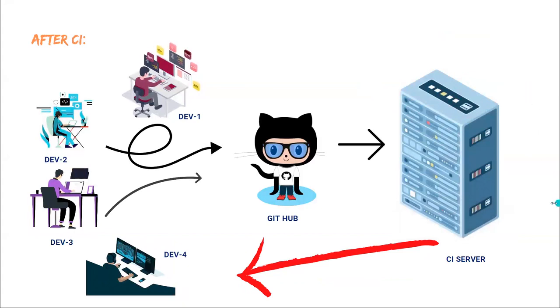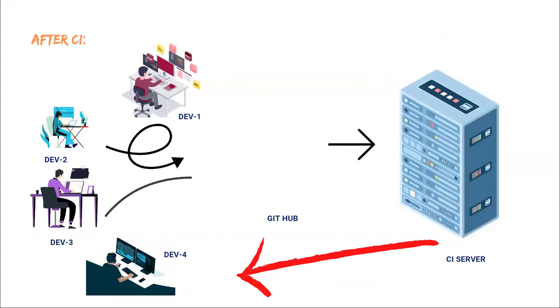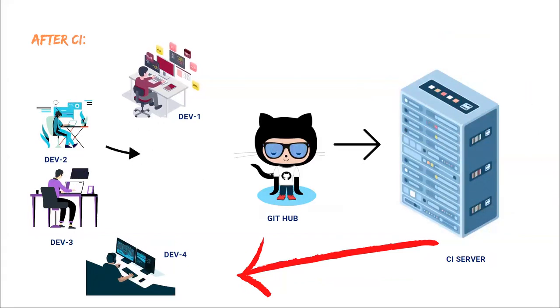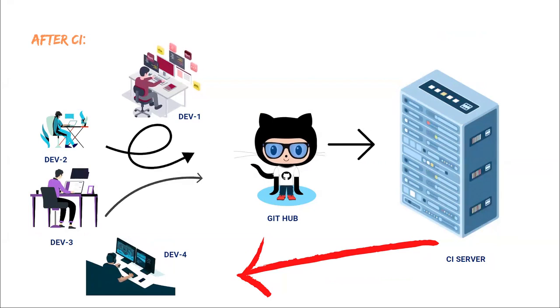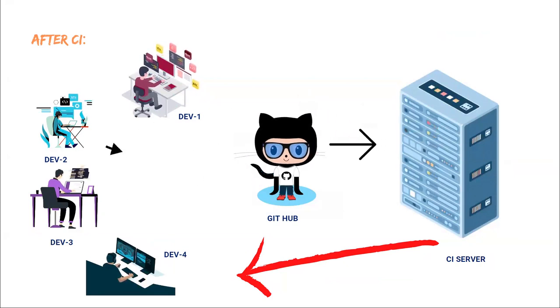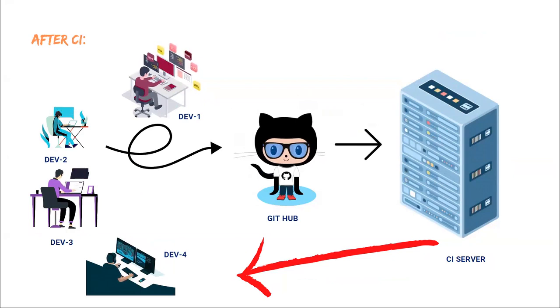Before, we had humans to perform the operation, but here the same operation is performed with the help of the server. Which server is this? The CI server. In this CI server, whatever code we get from developers into GitHub, I'll take the code, build it, and test it.